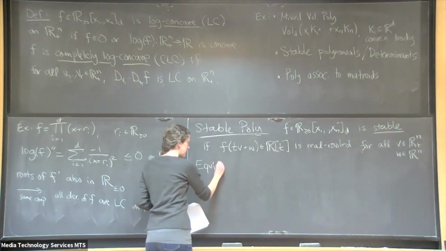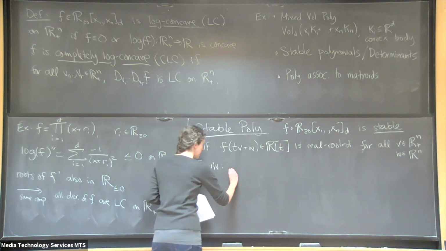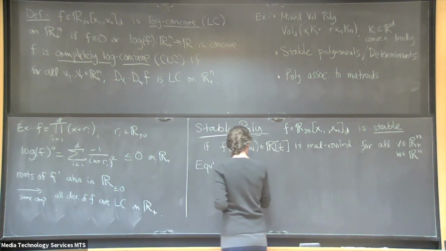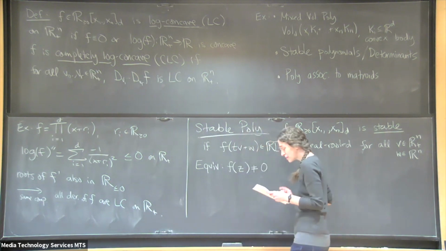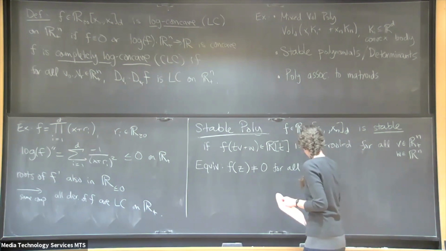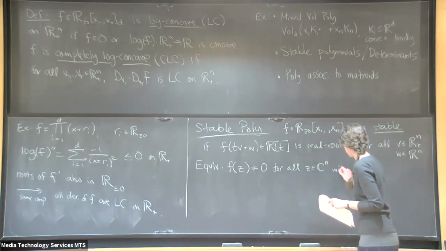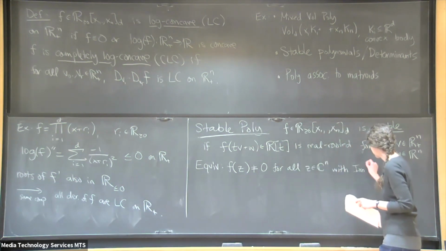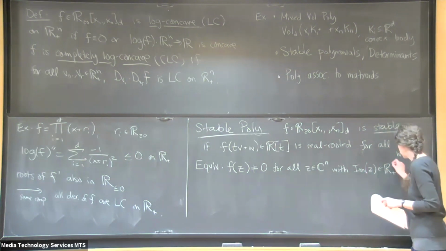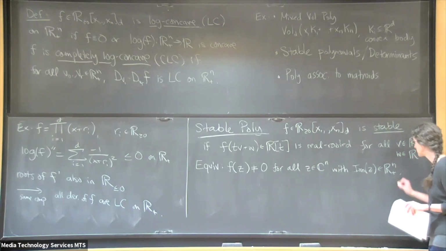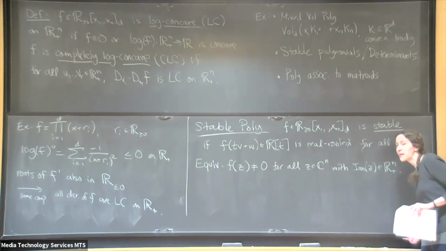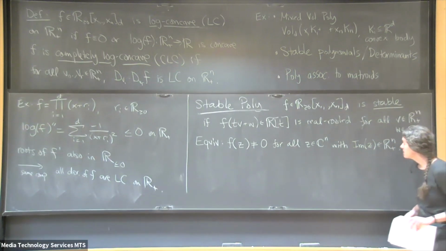Sometimes this is written as that it has no complex zeros at all points whose imaginary parts lie in the positive orthant. It's not obvious that these two are equivalent, but if you get bored, you can probably work it out.